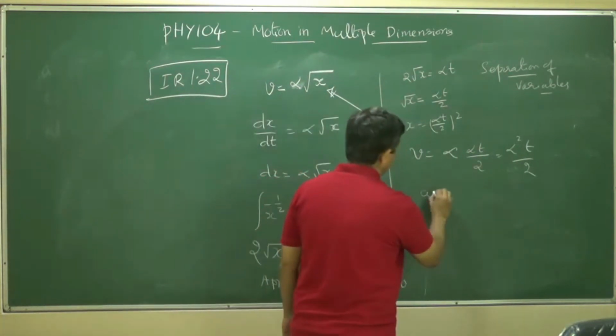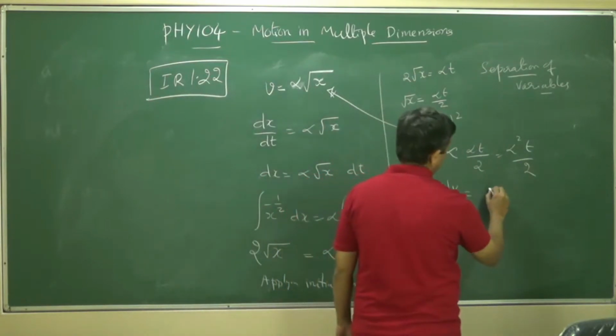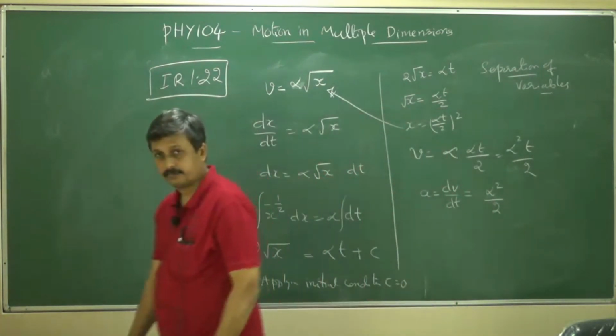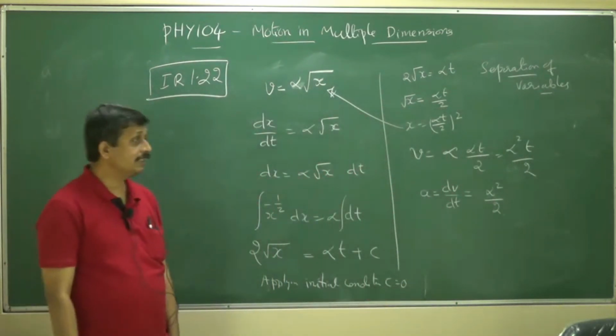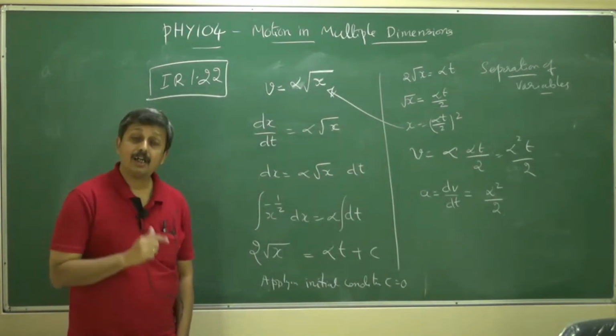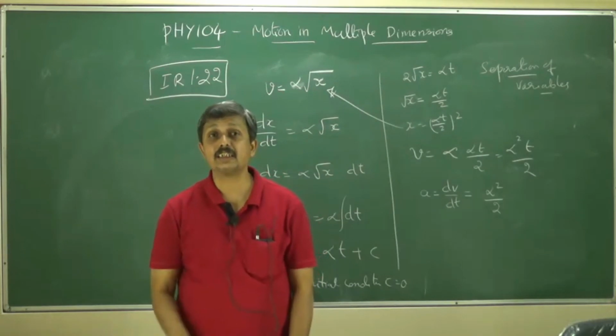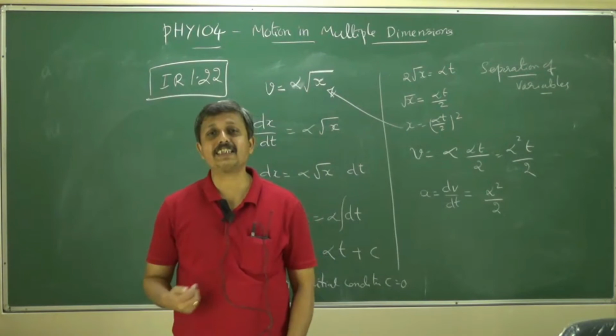A is equal to dv by dt, which is equal to alpha square by 2. That's all. Now, when you look at this final answer, you suddenly realize that this is not a varying acceleration at all. This is a constant acceleration system.